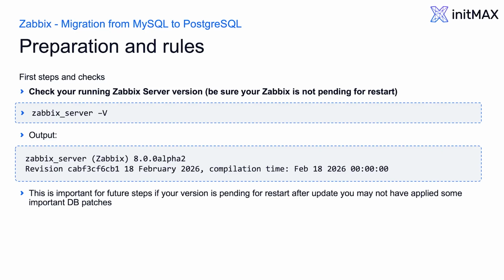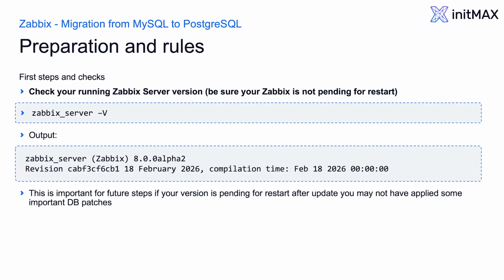And another thing that we need to make sure is that we're not pending any restarts for our Zabbix server. What I mean by pending any restarts is, whenever you upgrade your Zabbix, let's say a minor version, which would be more common. So let's say we run 8.0.0, and you DNF upgrade zabbix-server and you get 8.0.1.